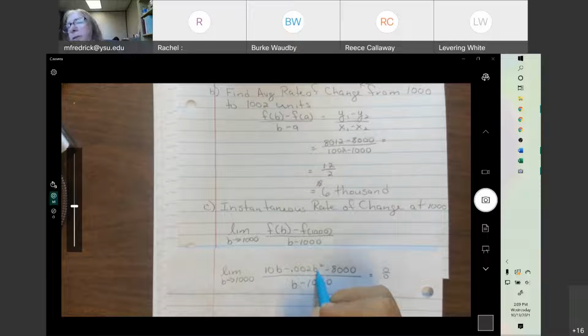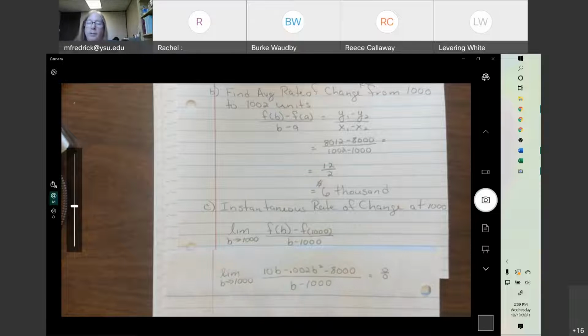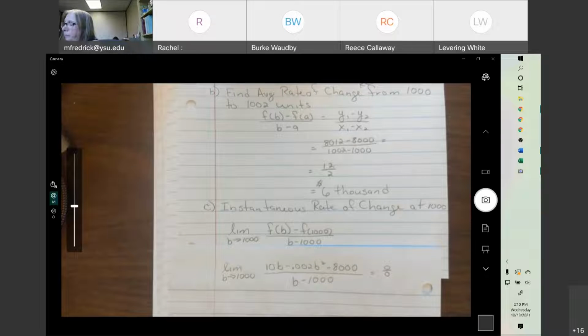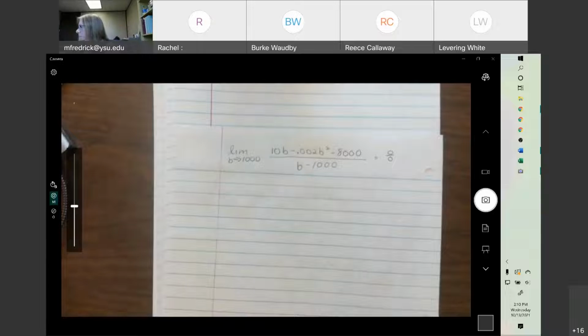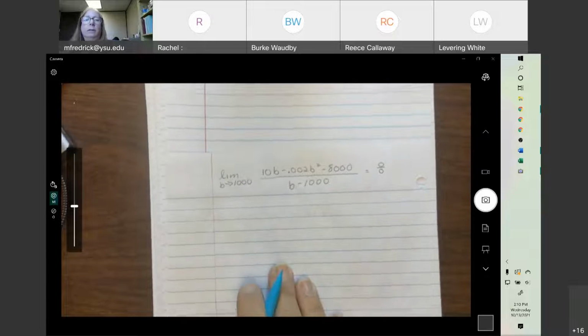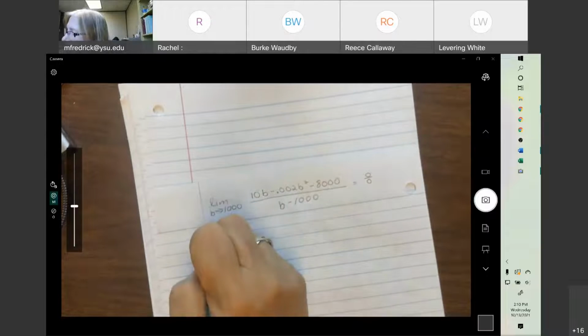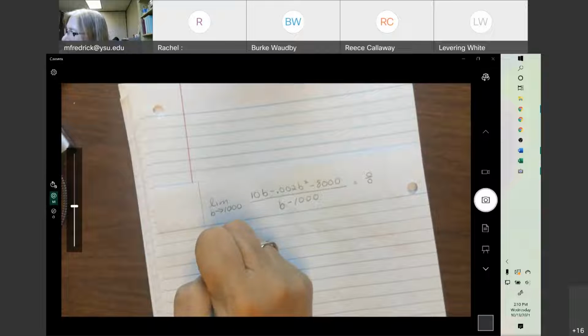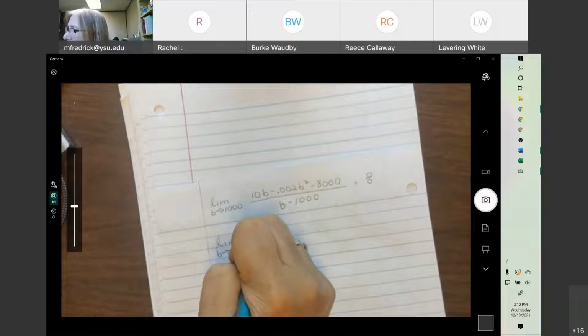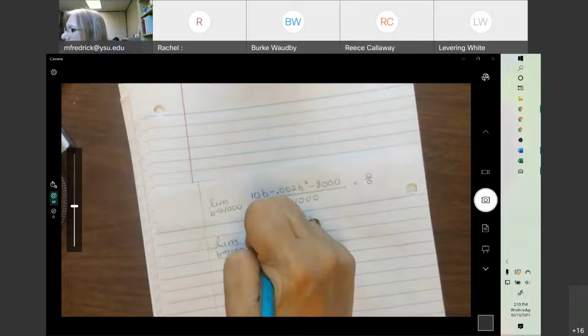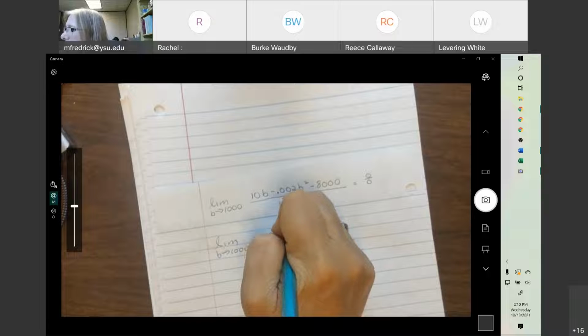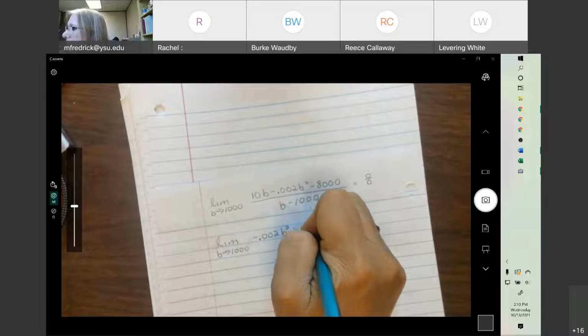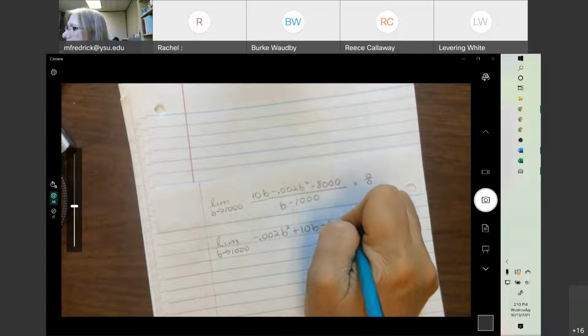The b squared should be first when you're trying to factor. So the negative 0.002b squared plus the 10b minus 8,000.